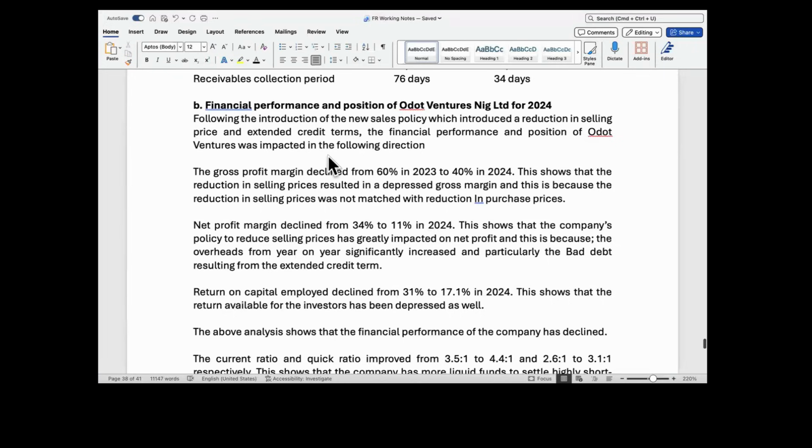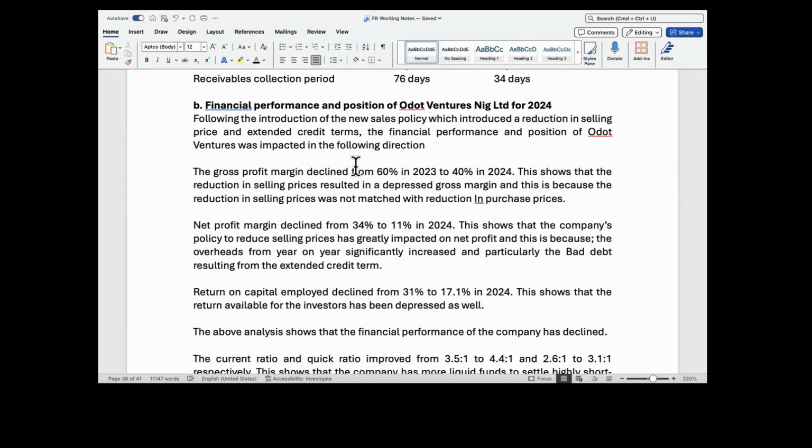Majorly what we are looking for is for you to know whether an increased or decreased ratio means a decline or an improvement in performance, and we also note what a decline shows and what an improvement shows. That is what I've demonstrated to you here.